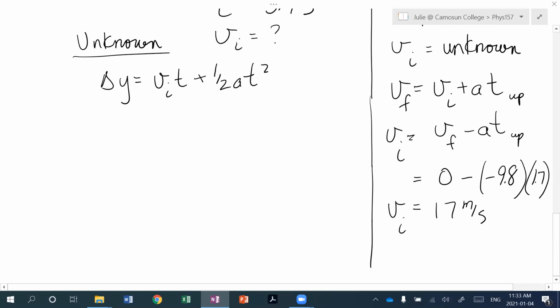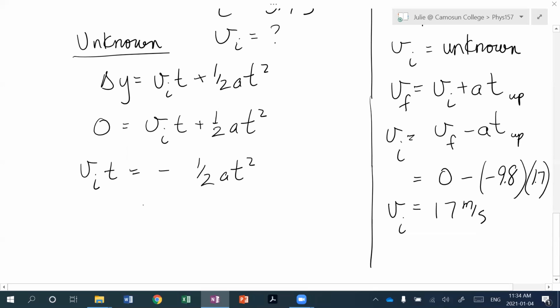Now, we could do it over here as well, but we're going to have to solve for t here. So that's not quite as good. It's okay. So this is 0 is VIT plus 1/2 AT squared. And so VIT is negative 1/2 AT squared.